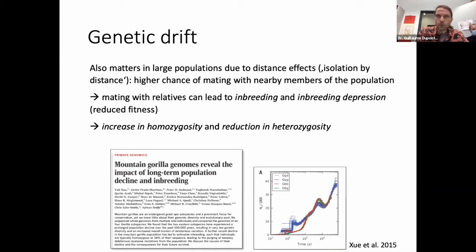And you see that over the last million years there's pretty much a constant decline in the population reconstructed based on the genomes for mountain gorillas, but there's a very large drop about 10,000, 15,000 years ago. And we'll come back to this in a second.